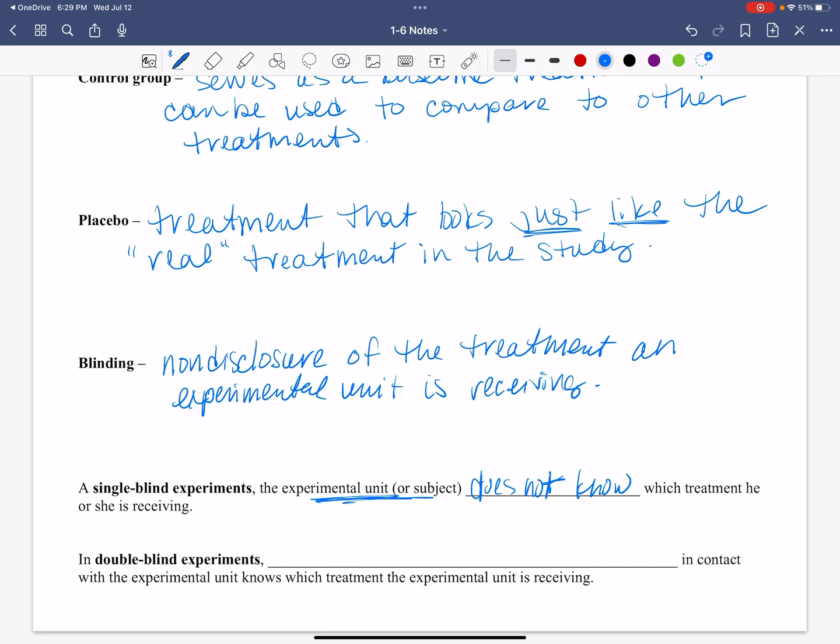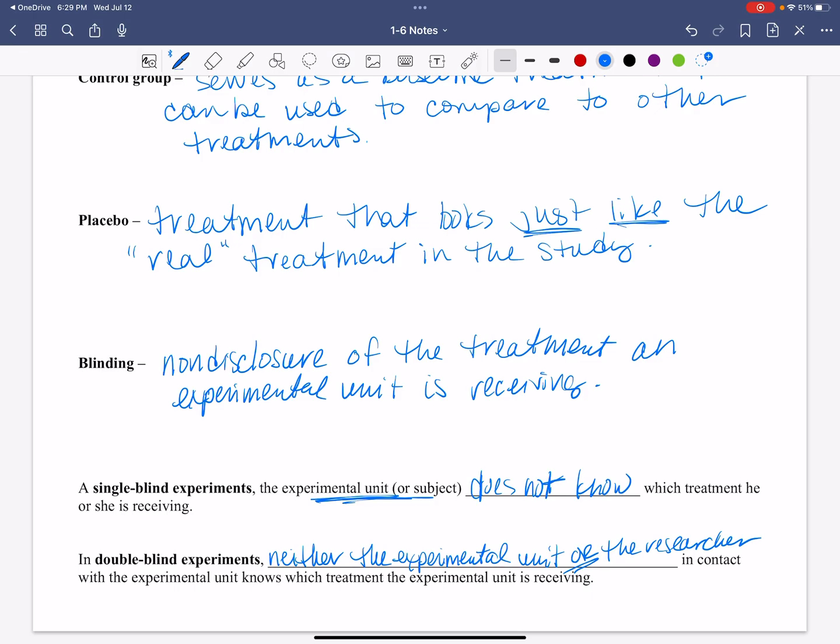In a double blind, neither the experimental unit nor the researcher in contact with the experimental unit knows which treatment.